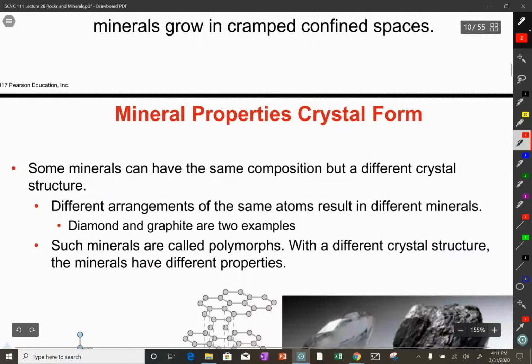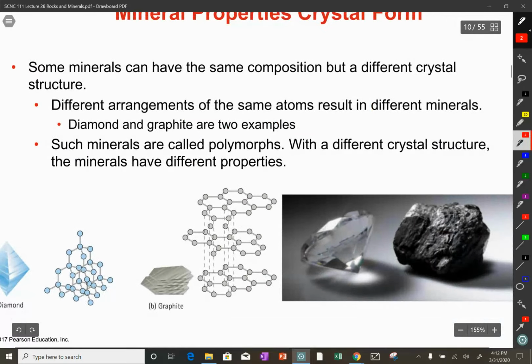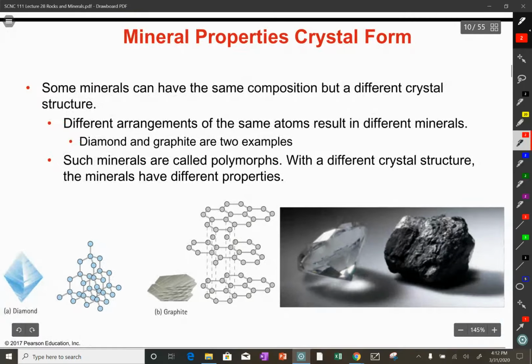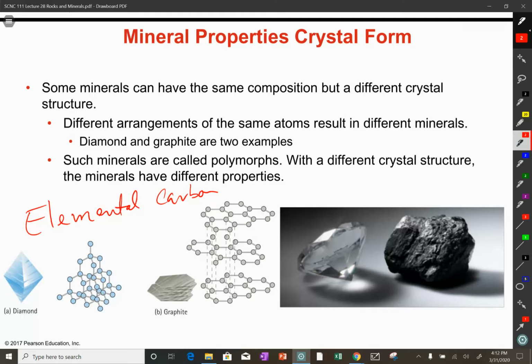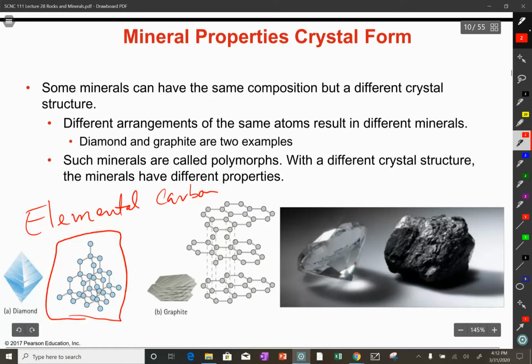So if we compare minerals, these are all the same chemical composition. They're all elemental carbon. You have diamond and graphite. What's the difference in diamond and graphite? It's the crystalline structure. This diamond structure is very complex, very complex. And to get it to form that structure, it has to be formed under very high pressure.